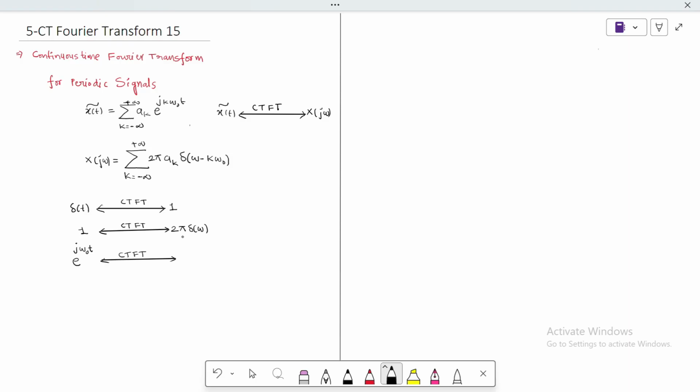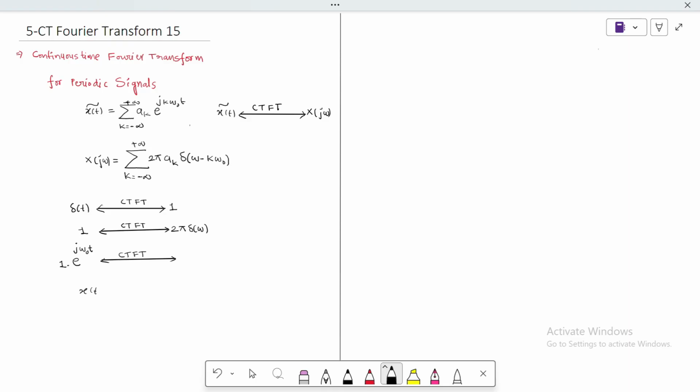So here, this one, the Fourier transform is equal to 2 pi del of omega. Then here, I'm assuming this is 1, so this 1 is multiplied by the exponential. So what property should we apply? Frequency shifting. What is the frequency shifting property?